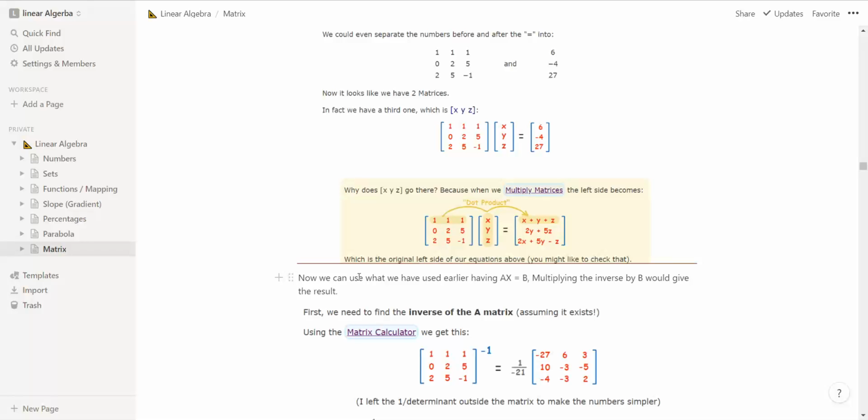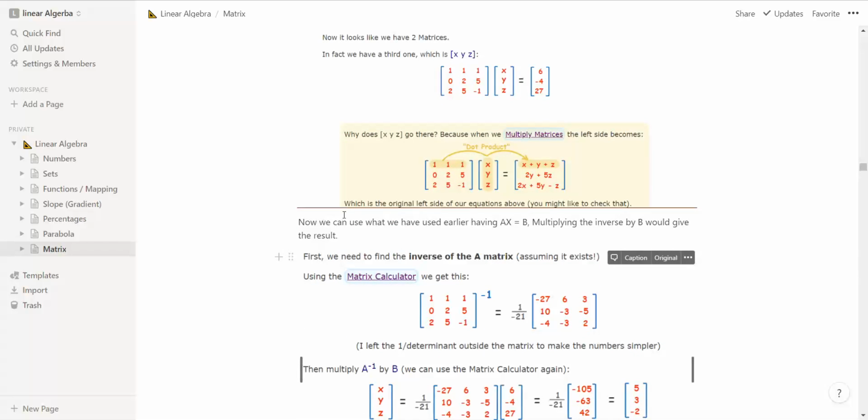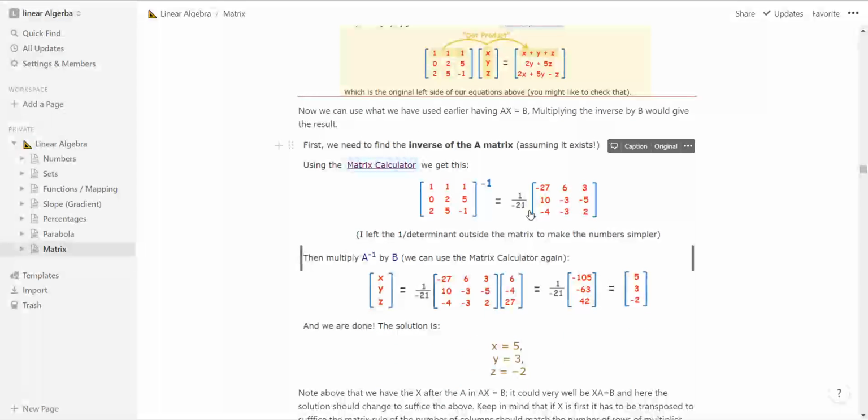Now we can use what we have used earlier, having Ax equals b, multiplying the inverse by b would get the results. So, solving two systems, like Ax equals b, first we need to get the inverse.